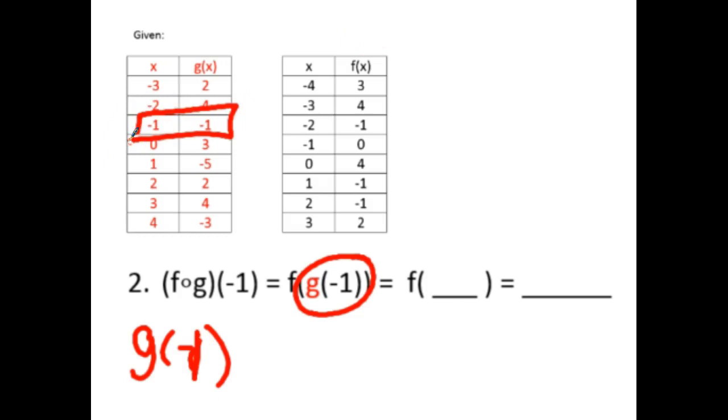If the x value is negative 1, what's the y value that goes with it? Then I take that y value and I put it in the outside function, the f function. So I look at this table. In this table, if x is negative 1, what's y?